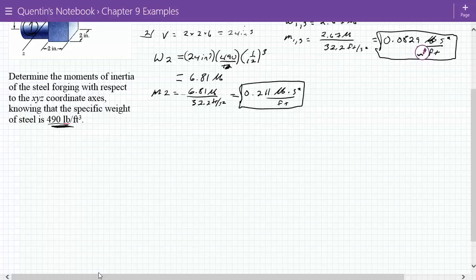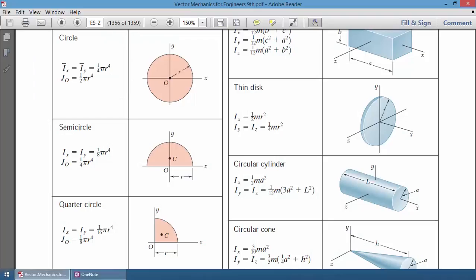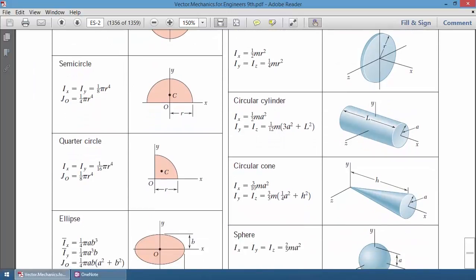So the Ix for the cylinder, 1 and 3. What is it? Well, as we just saw, these are cylinders, and it's oriented the same way in this, so it's going to be 1/2 m a squared.